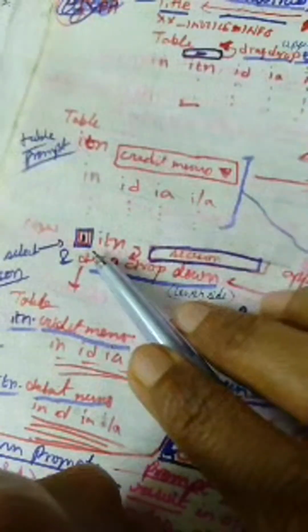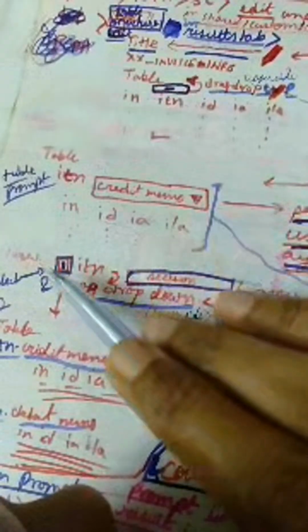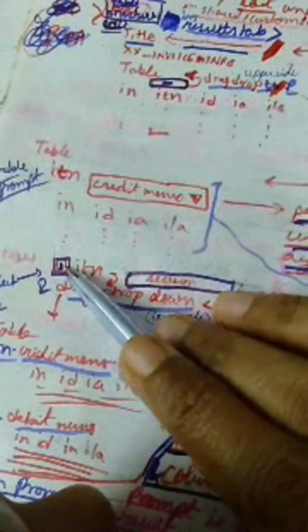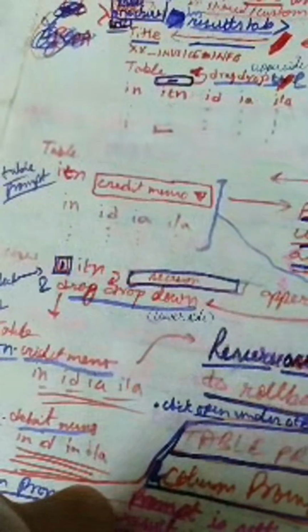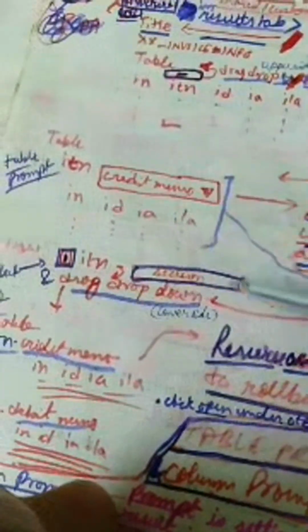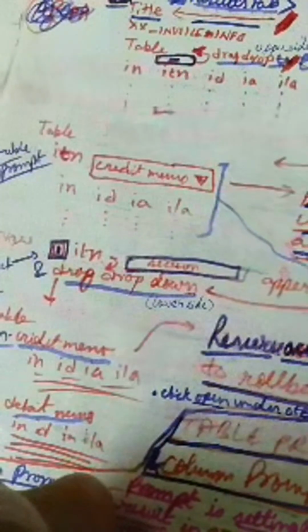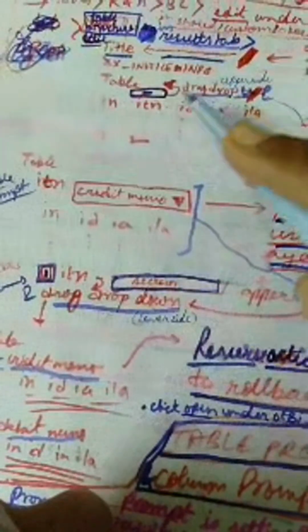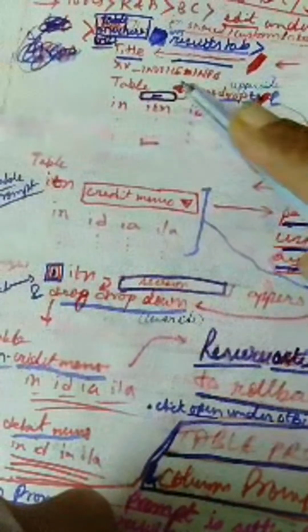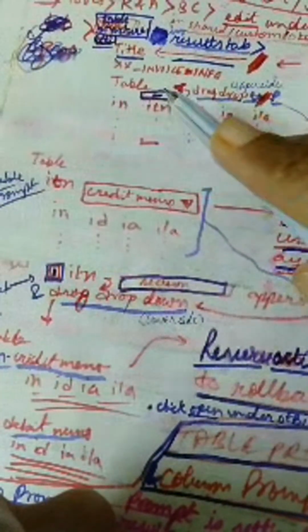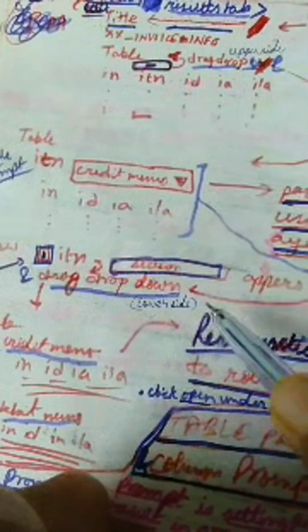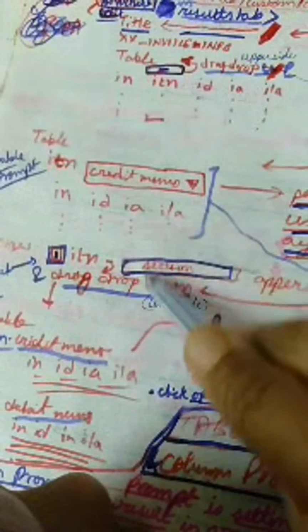Now here I have a similar symbol beside this. I click on this again, and we do a drag and drop. Earlier we did drag and drop to the upper side. Now we do it to the lower side, in the section. There is a section here.